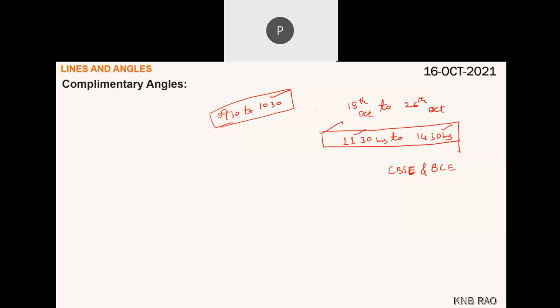Then I have to leave home early and get ready. But one thing I'll tell you: 8:30 to 9:30 or 9:30 to 10:30, in these two timings any time I can take.